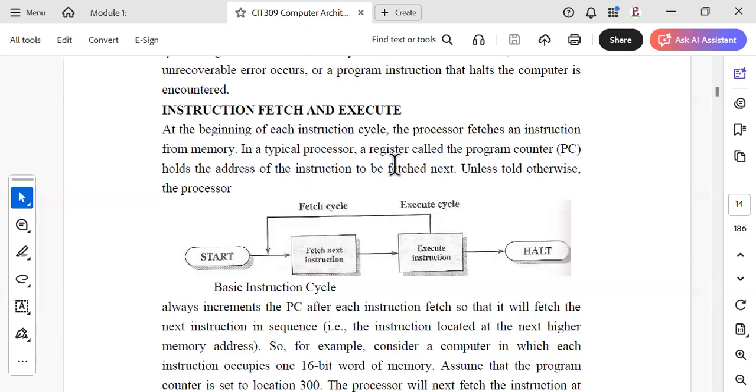So the CPU fetches the next instruction to be done from the RAM. The instruction is stored in the RAM in the form of programs. So it fetches it from the RAM, understands it, then executes it. Executing means carrying out the instruction. So that continues as a process.